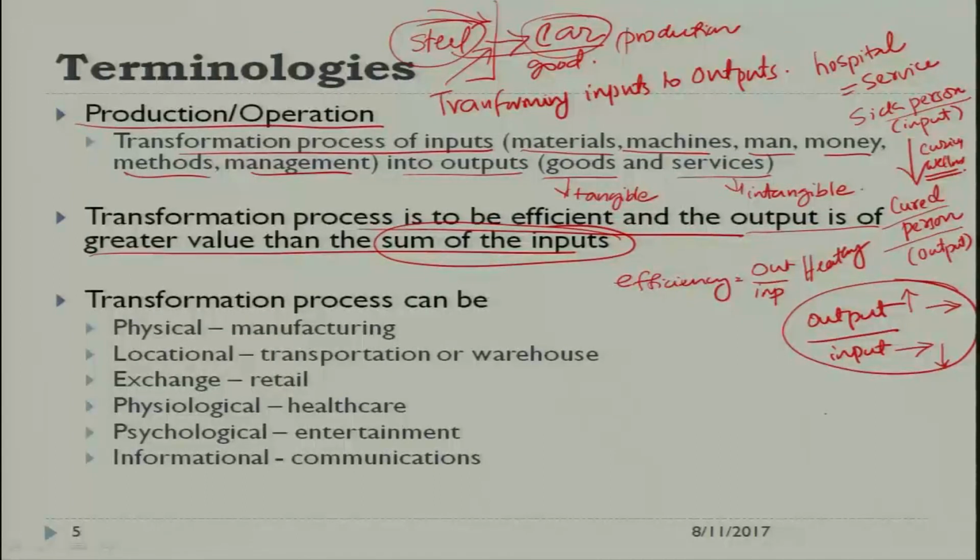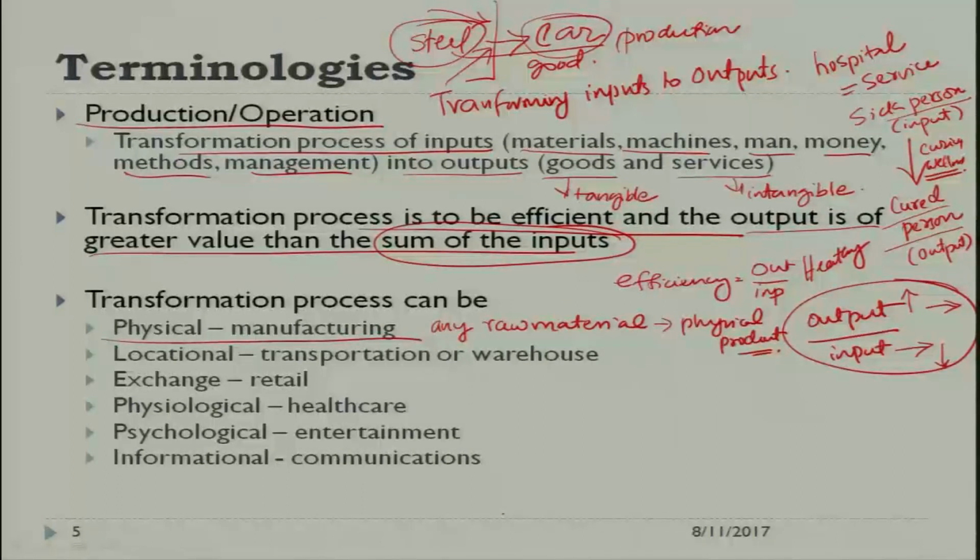Some examples of the transformation process in this regard: when you take any physical raw material and transform it into a physical product, that is typically called manufacturing.